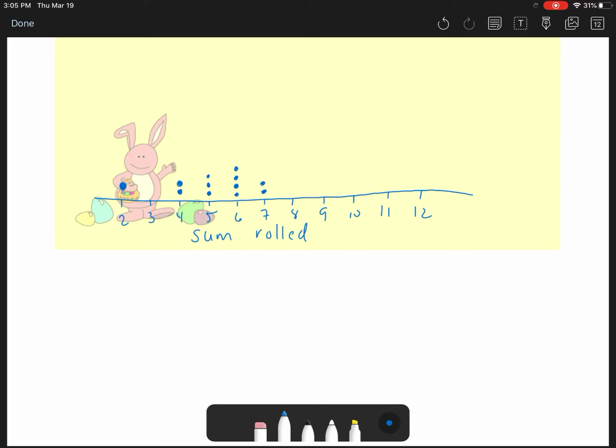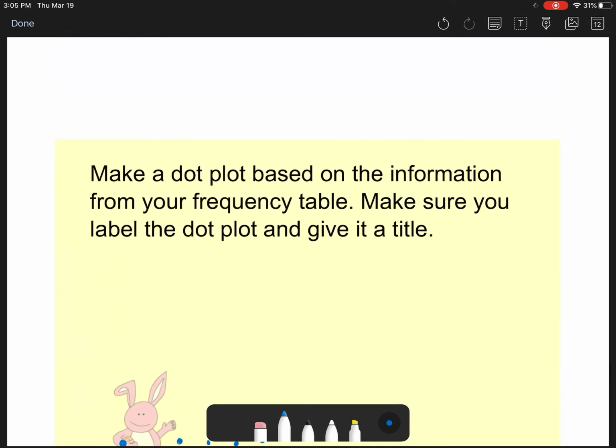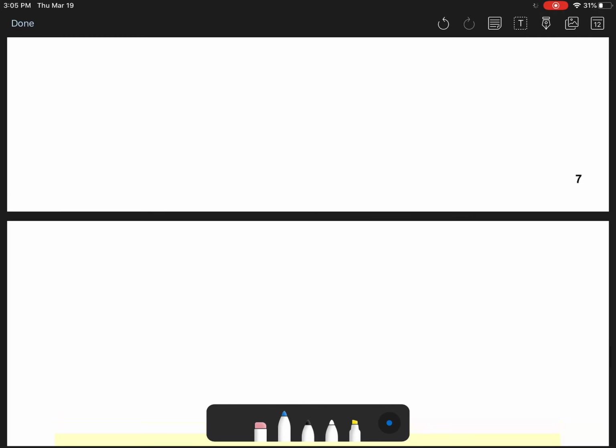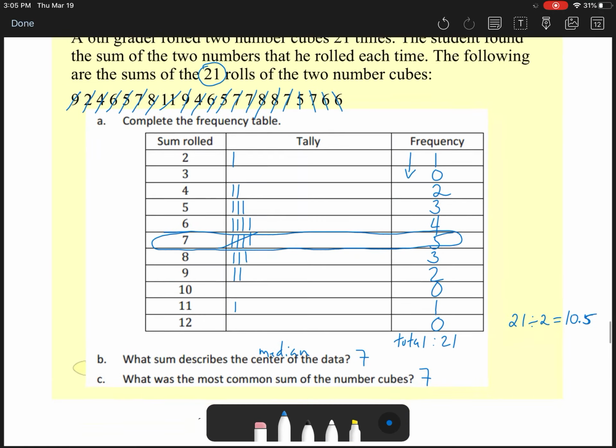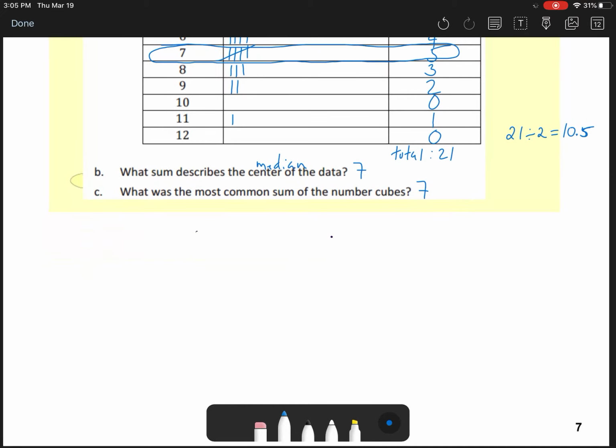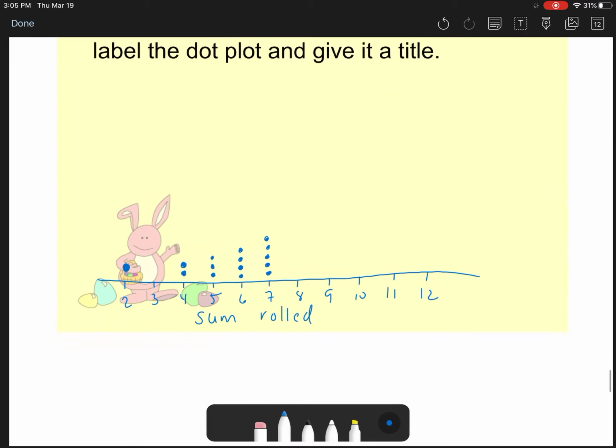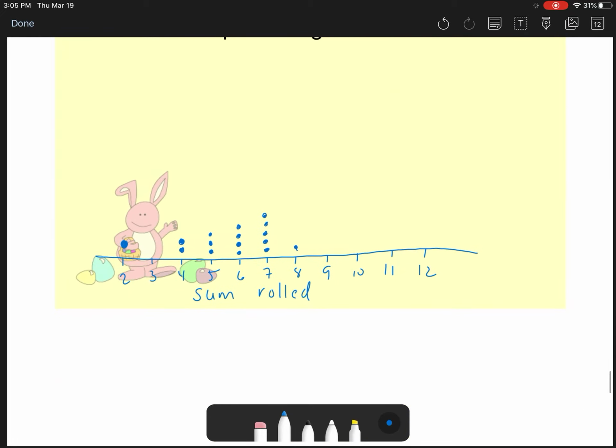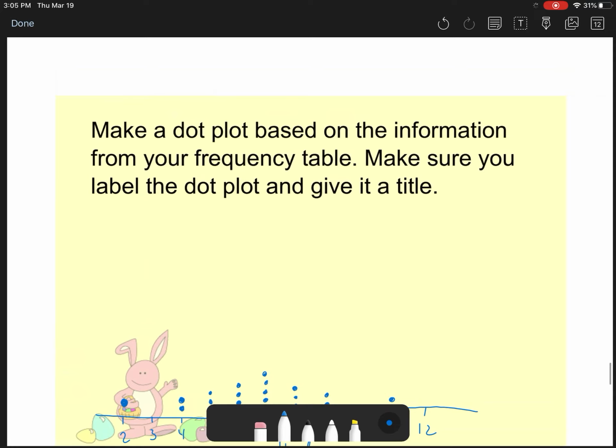And 7 came up the most with 5. The number 8 came up 3 times. We got 3, 2, 0, 1, 0.